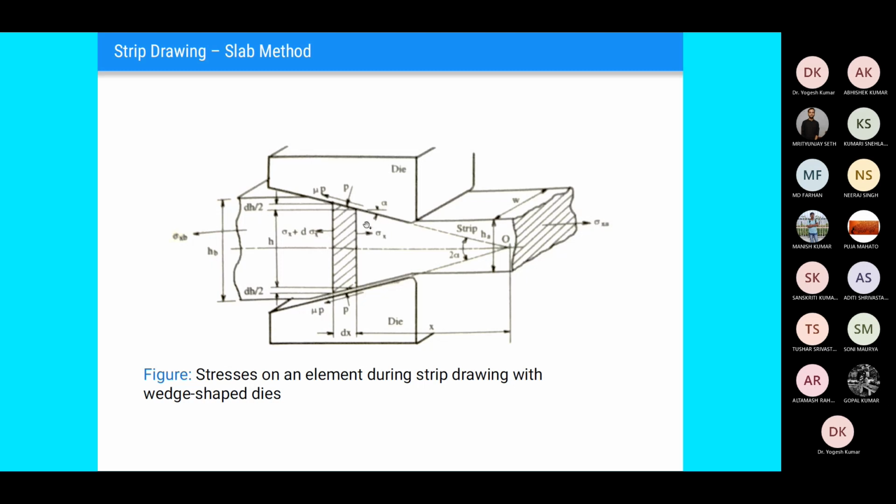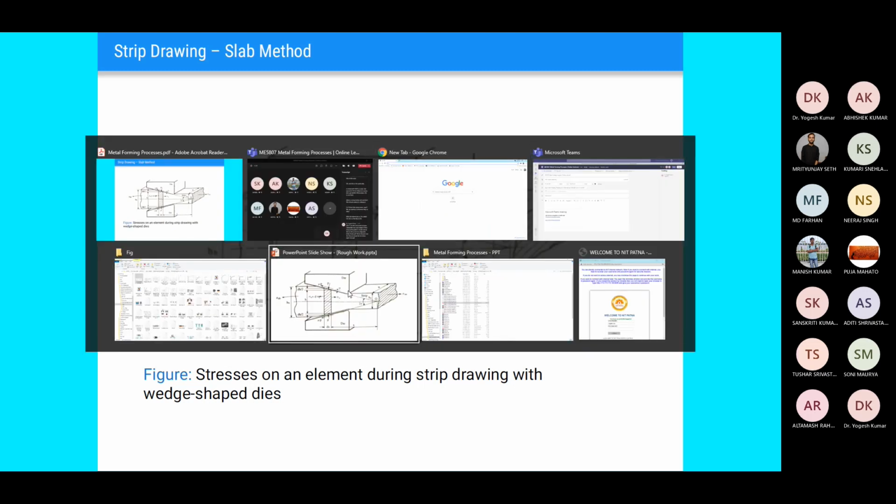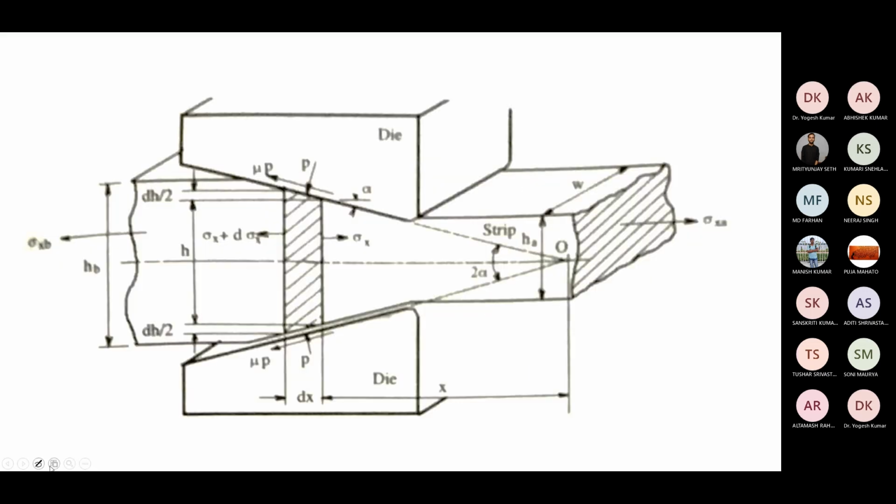Let me elaborate through a clearer diagram. Here the height is h, and as you are moving away from your virtual vertex O, at distance x this height is h.